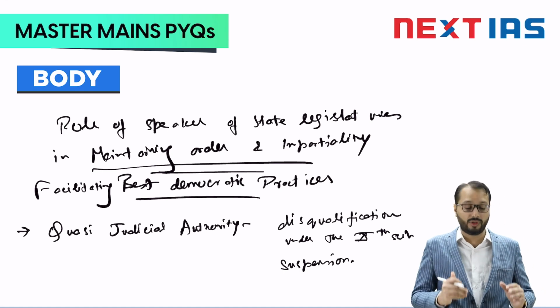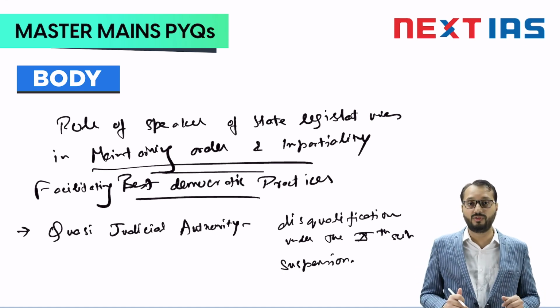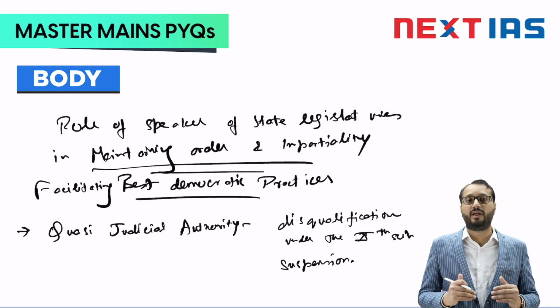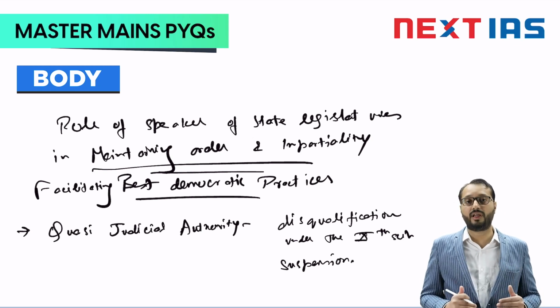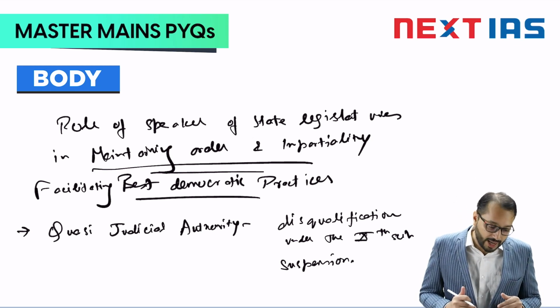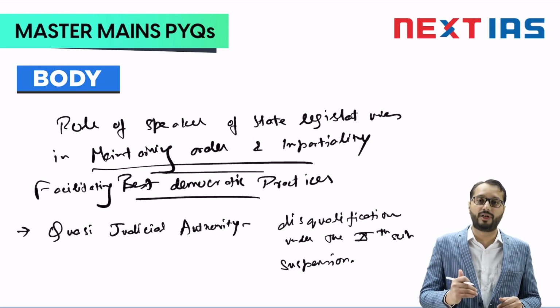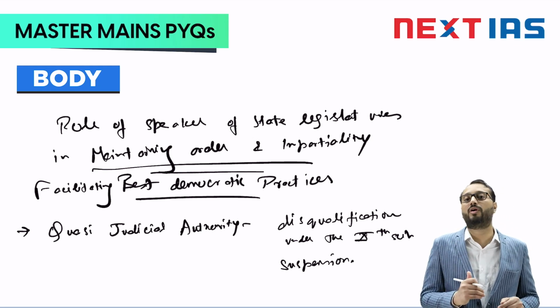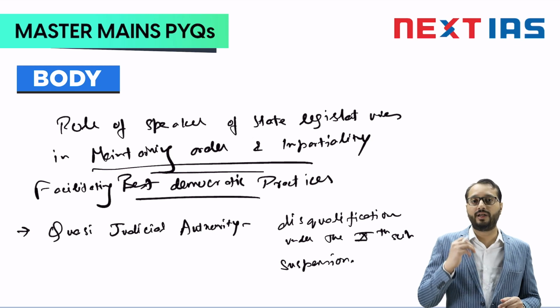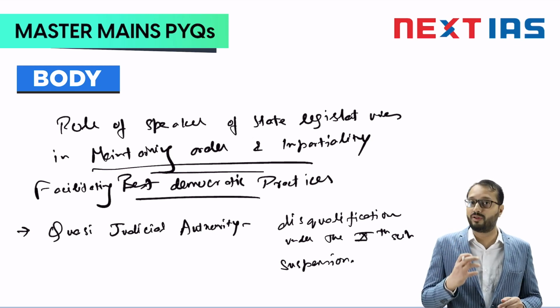So when it comes to the suspensions of MPs from the house, they act basically as a quasi judicial authority, and these roles are very important to ensure parliamentary decorum and constitutionalism is upheld on the floor of the house.